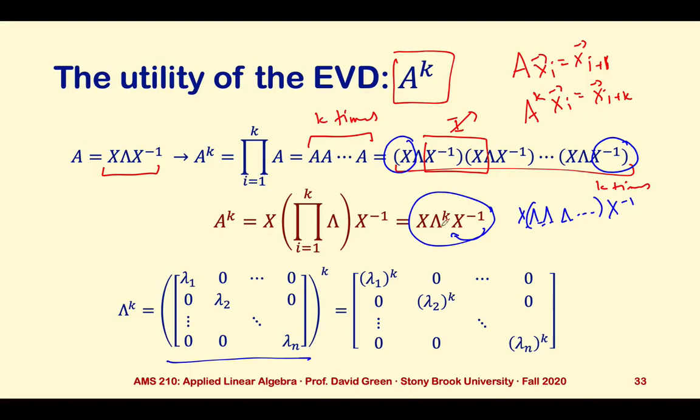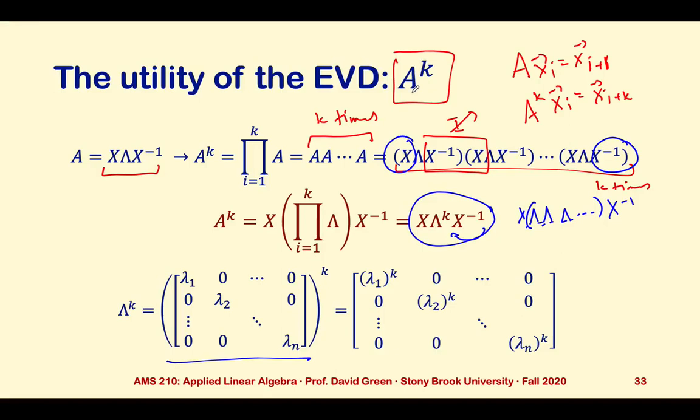So instead of having to do matrix multiplication repeatedly, we simply take a scalar power. This greatly reduces the amount of calculation involved in evaluating A to the k.